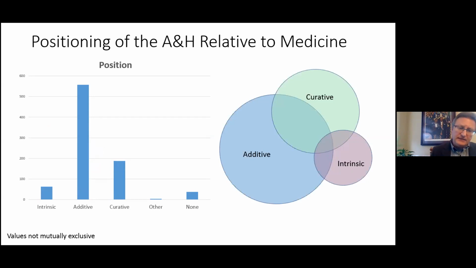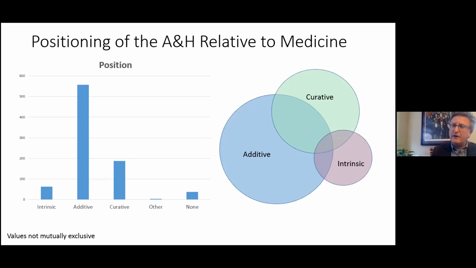And in Denhart's framework, the arts and humanities in the review that they did were positioned as either intrinsic, meaning they're a critical part of medicine, or additive, meaning there's something that's added on to medicine, or curative, meaning they're the fix for medicine, some problem in medical practice. And you can see the relative positioning of the arts and humanities in the records we looked at.